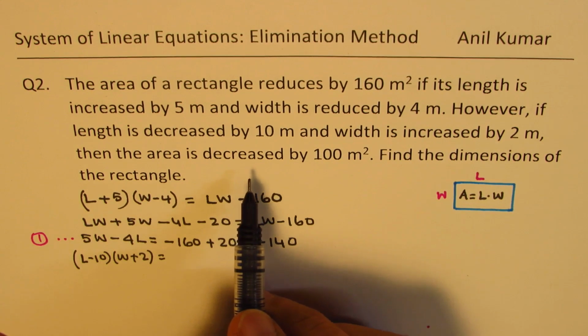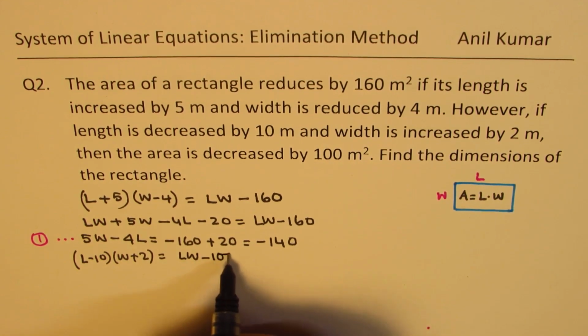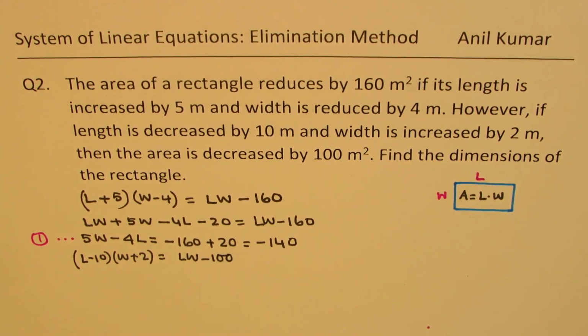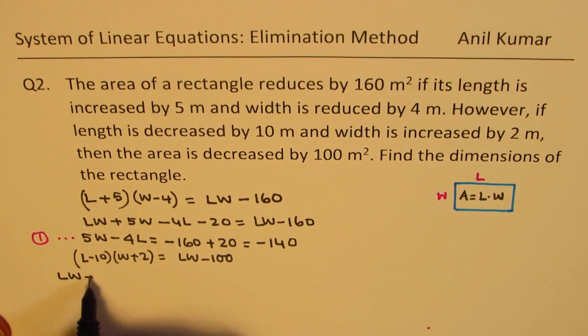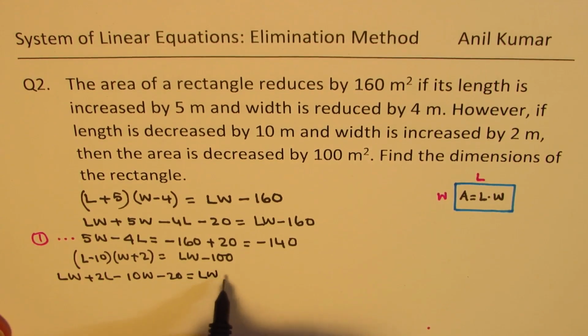So area becomes minus 100. So it is length width minus 100, right? So that's what you get. Now we can again expand it. Let me multiply with L both the terms first. So we get length width plus 2L minus 10W minus 20 equals length width minus 100, right?